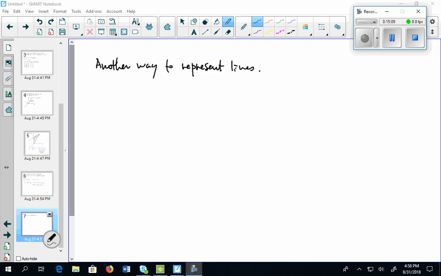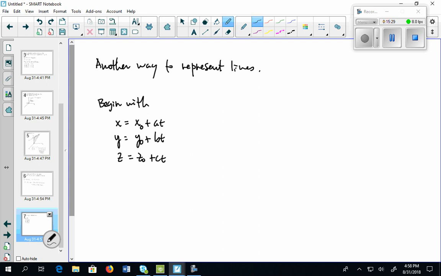There we go. We're going to talk about another way to represent lines in 3-space, and I'm going to begin with parametric equations. And we talked about this just a few minutes ago. We can write x equals x naught plus at, y equals y naught plus bt, and then z is z naught plus ct. And what we can do is, I'm going to solve each of these equations for t.